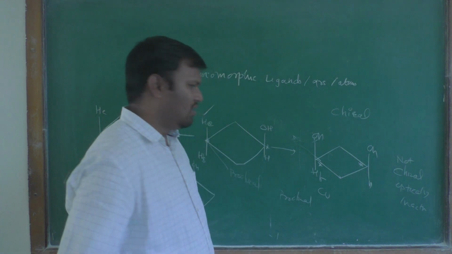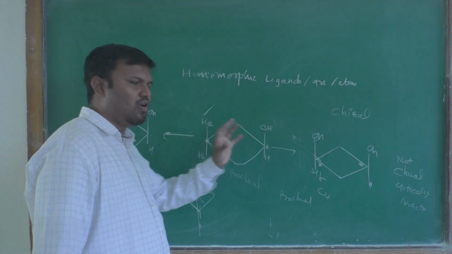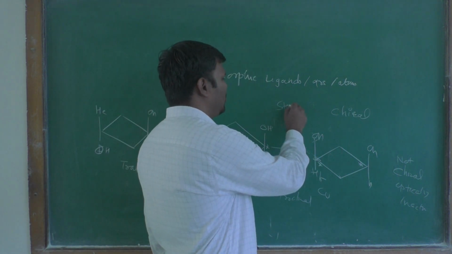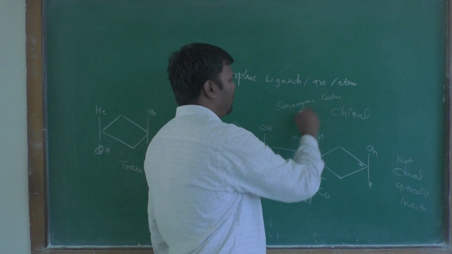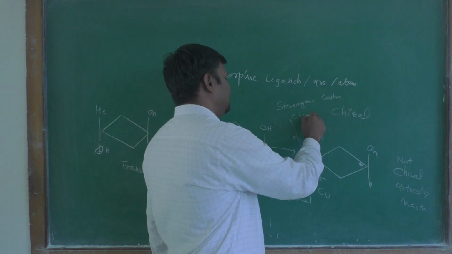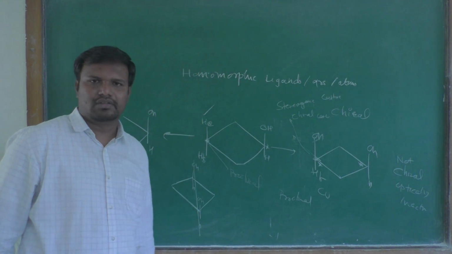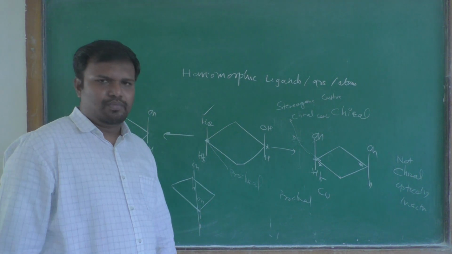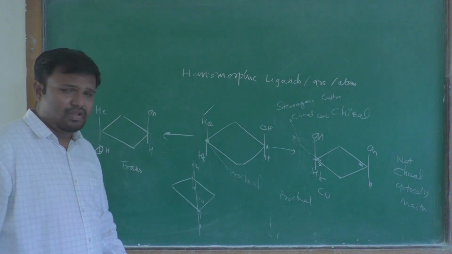But when you replace it with He or Hf, you obtain the chiral center. Therefore, a stereogenic center is obtained, or chiral center is obtained.